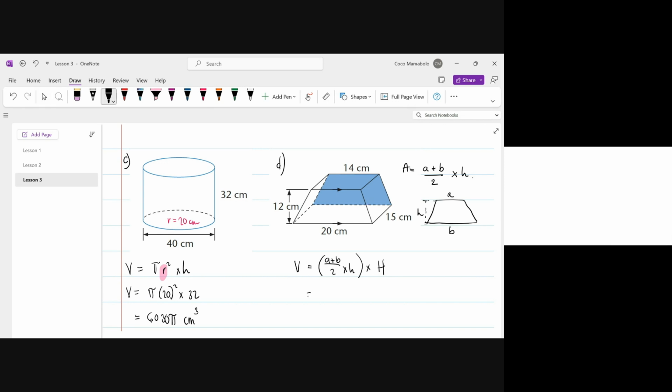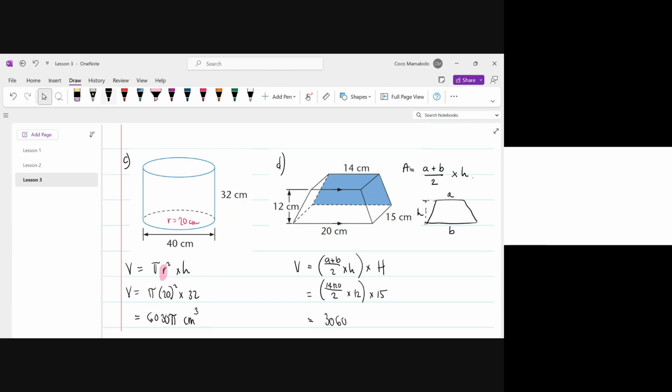Okay, and that will give me 14 plus 20 divided by 2 multiplied by the perpendicular height, which is 12, times that by 15, and that should give me 17 times 12 times 15, which is equal to 3060.